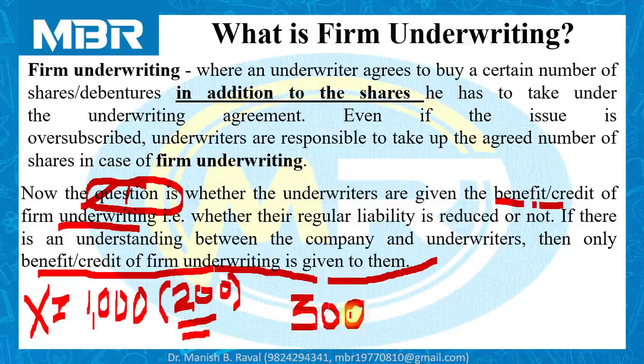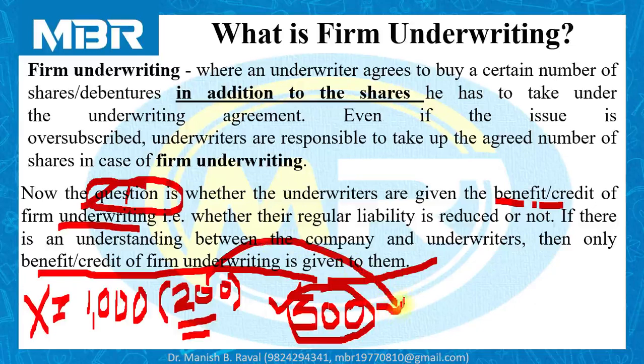Now the question is, marked applications received by the company with the unique identification stamp of underwriter X is 300. In addition to this 300, definitely 200 applications were made by underwriter himself, because underwriter also would like to purchase shares from the company.